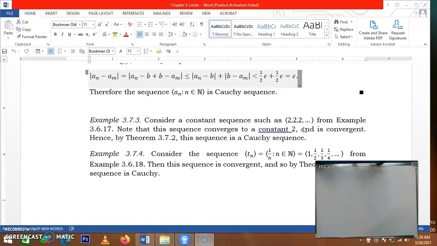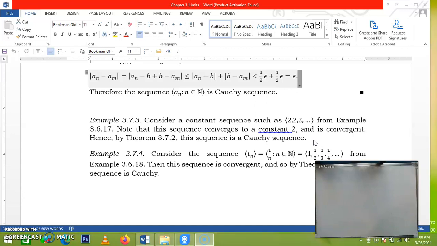The sequence converges to the constant number 2. So by using the previous theorem that every convergent sequence is a Cauchy sequence, this sequence is Cauchy.